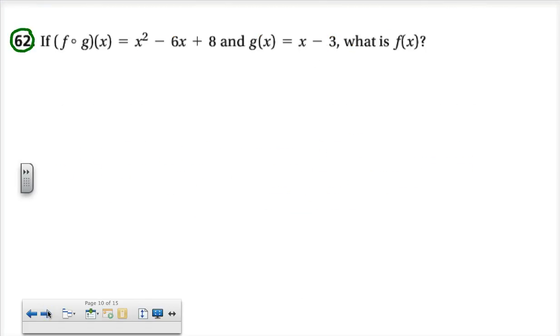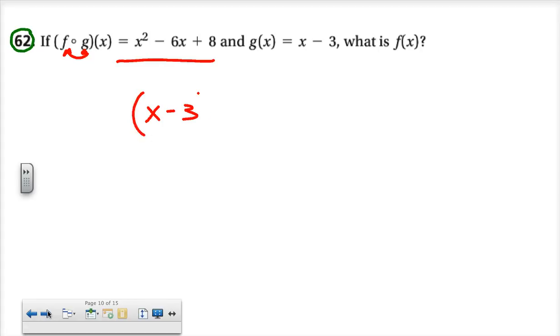62 says if f of g of x is x squared minus 6x plus 8 and g of x is x minus 3, what was f of x? And I notice they had to take g of x and put it into f of x. So they had this x minus 3 and they put it into some function and magically got this. Well, it's not magic because I notice that the x term is squared.